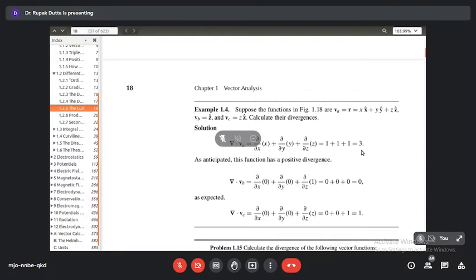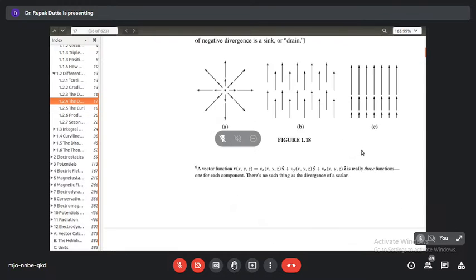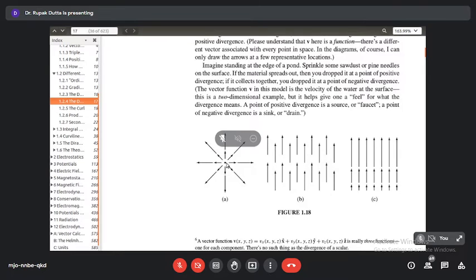Positive divergence means the field is going out of this particular point. If the arrows were coming in instead of going out, it would be negative divergence.